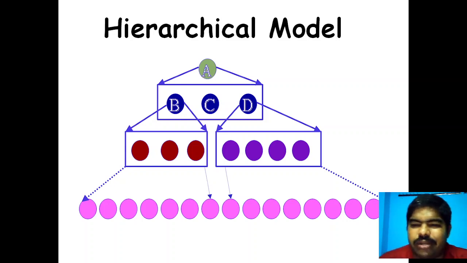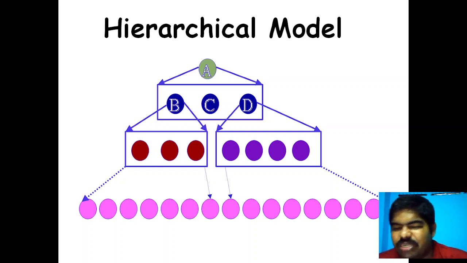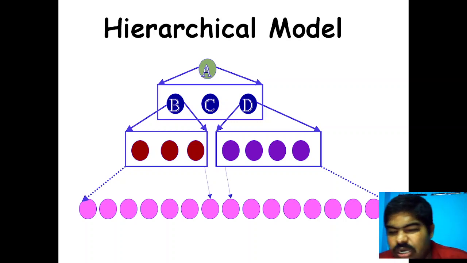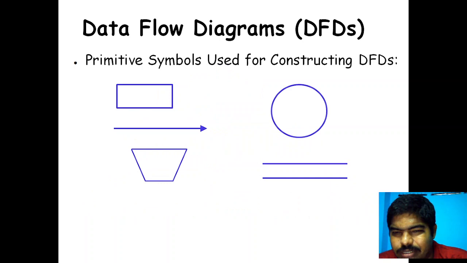This is what a hierarchical model is. A top level function is divided into sub-functions, and a sub-function can again be divided into other sub-functions.